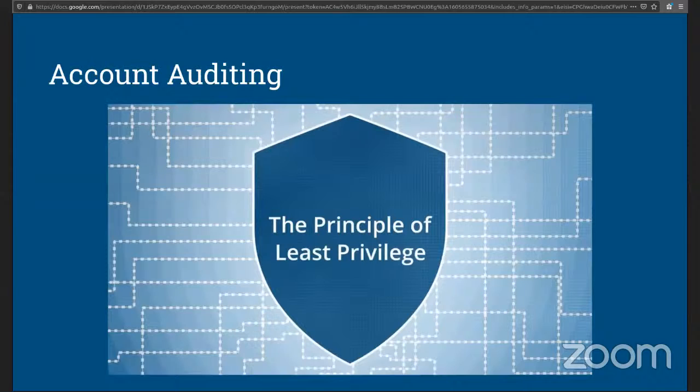The least privilege principle is an important concept that, when followed correctly, can prevent attackers from getting far should a breach occur. By giving accounts, and that's user and system accounts, only enough rights to do their job, you can minimize the damage a compromised account can do.